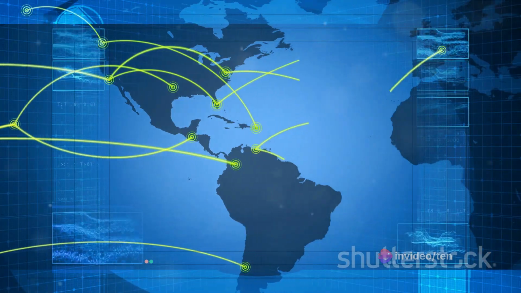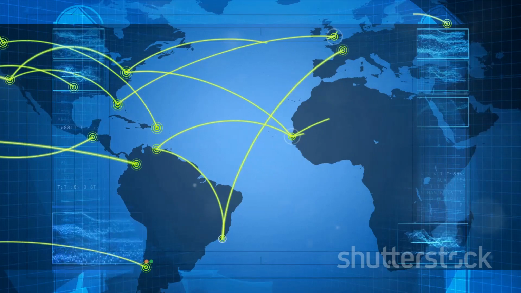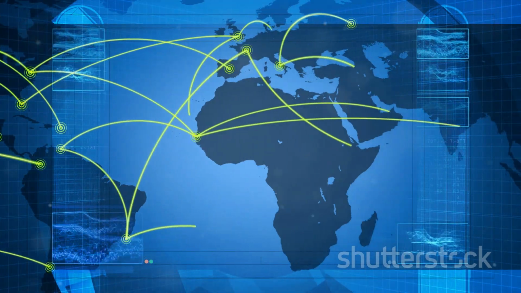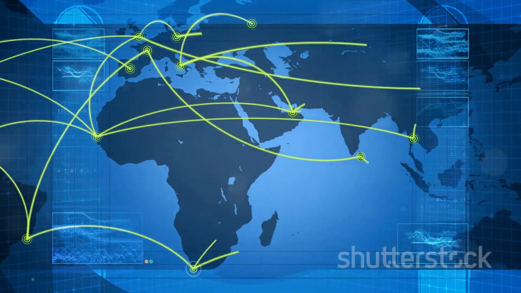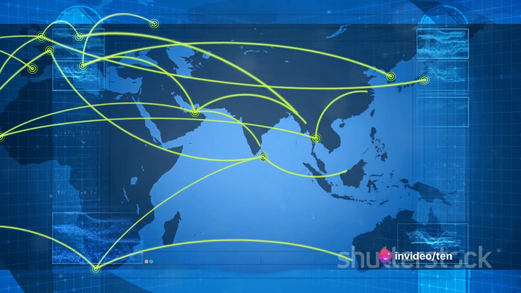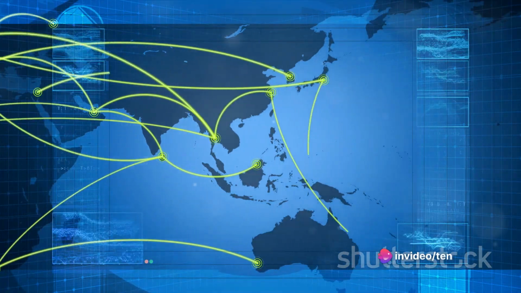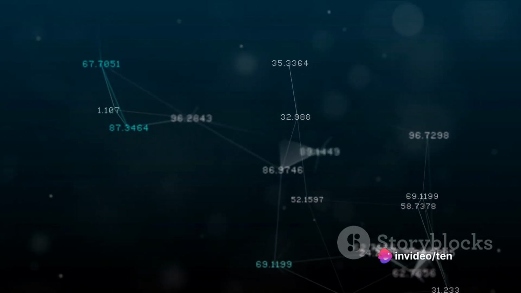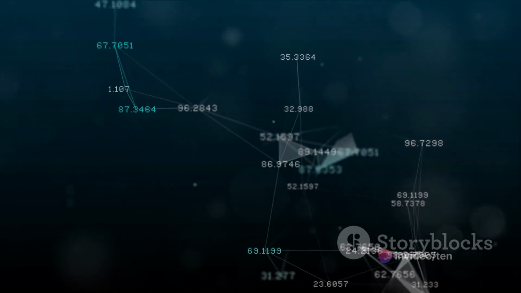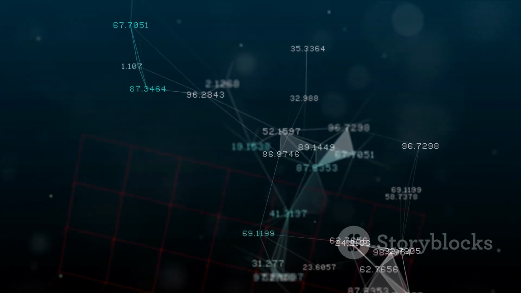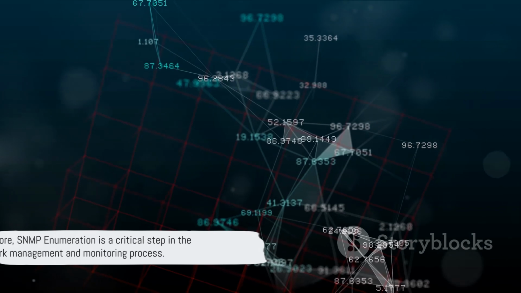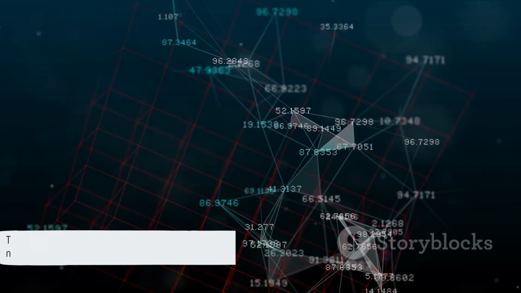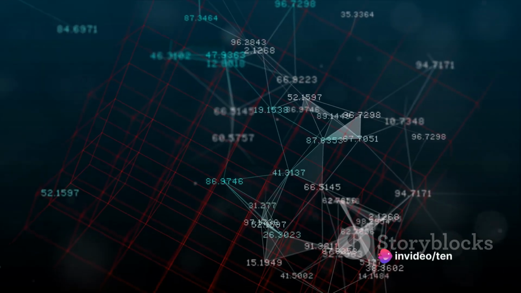Therefore, SNMP enumeration is more than just a process. It's an ongoing journey of discovery, understanding, and improvement. It's a crucial part of network management and cybersecurity, providing the insights needed to ensure that networks operate smoothly and securely. Therefore, SNMP enumeration is a critical step in the network management and monitoring process.